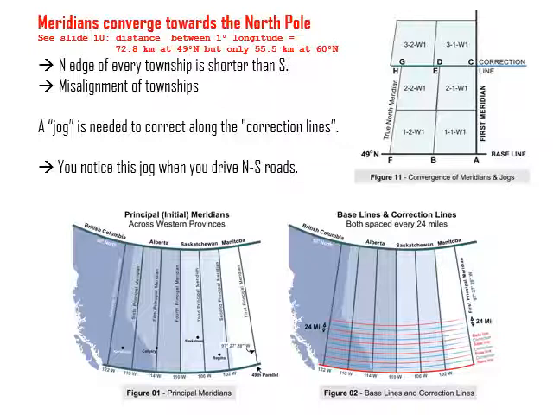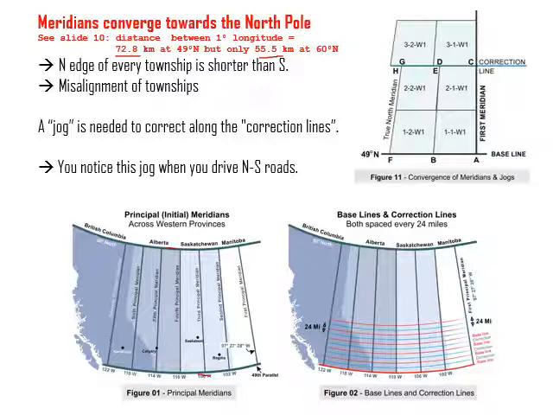In the Dominion land survey system, we are here at 49 degrees north, the 49th parallel, and here we're at 60 degrees north. The distance between 1 degree longitude at 49 degrees north is 72.8 kilometers, but at 60 degrees north it is only 55 kilometers.